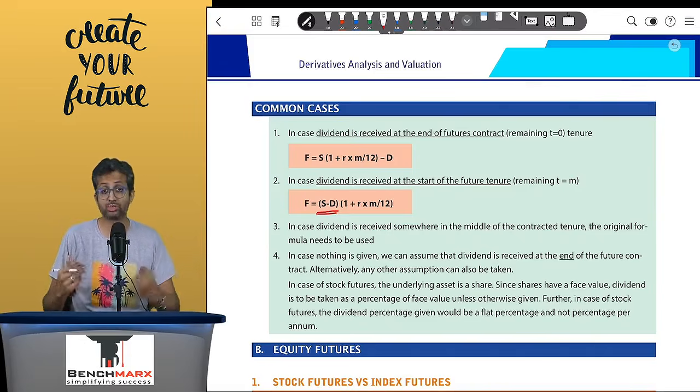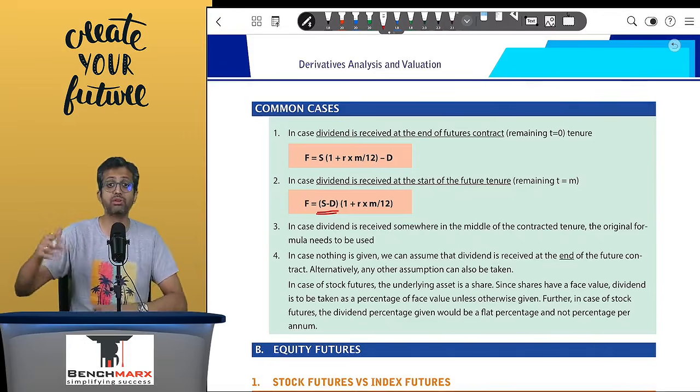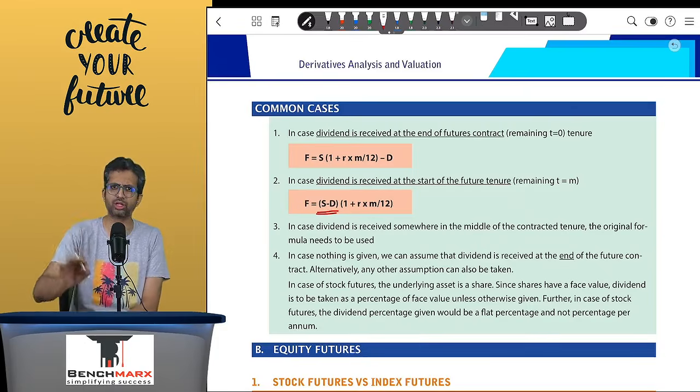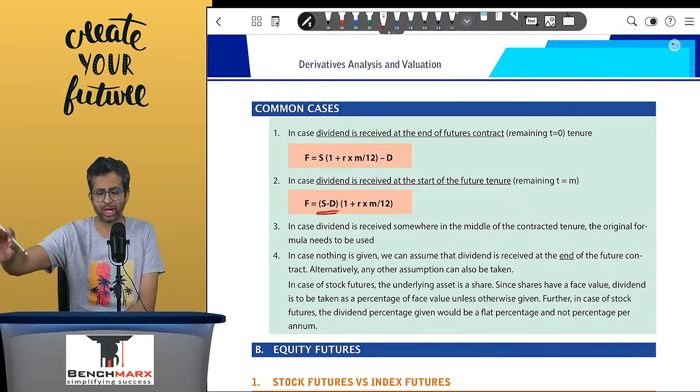Or sometimes the dividend is received at the end, in which case there is no separate time value adjustment to be done for the dividend. So this is S into (1 plus R into M by 12) minus D.